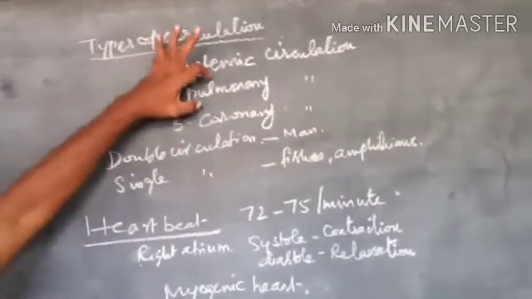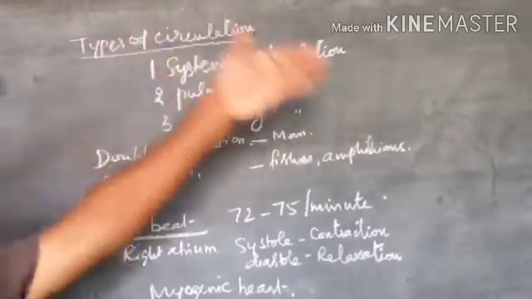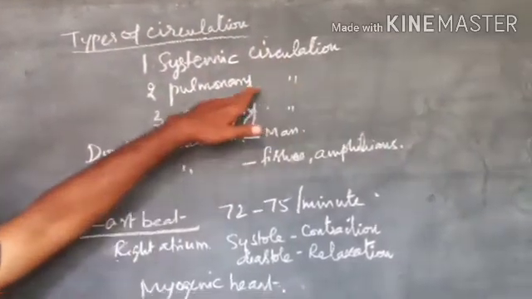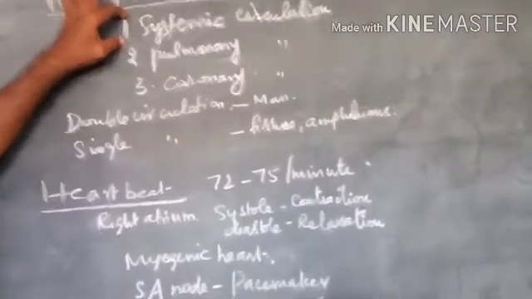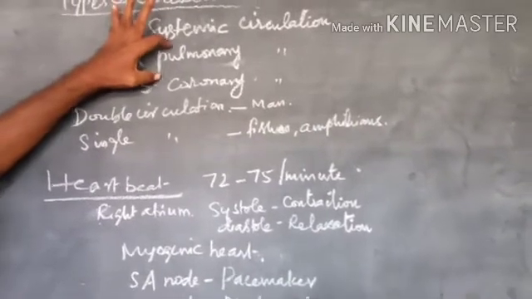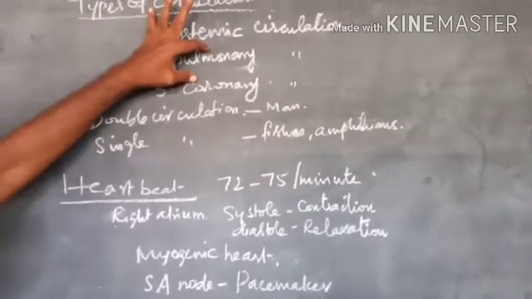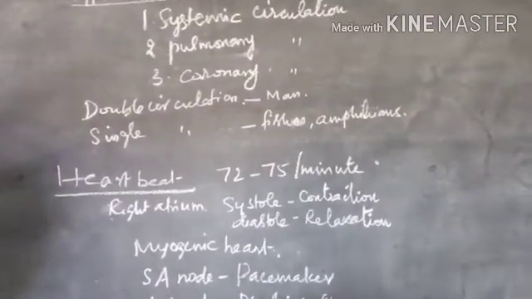The pulmonary artery takes the deoxygenated blood to the lungs, which is why it is called pulmonary. Then the third one is coronary circulation.